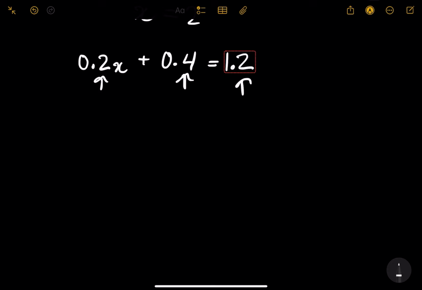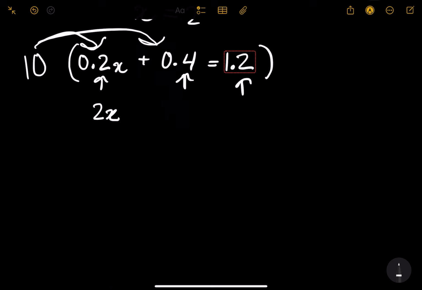So what I can do is multiply the entire thing by 10. So 10 times 0.2 would give us 2x, plus 4 is equal to 10 multiplied by 1.2, which is 12.